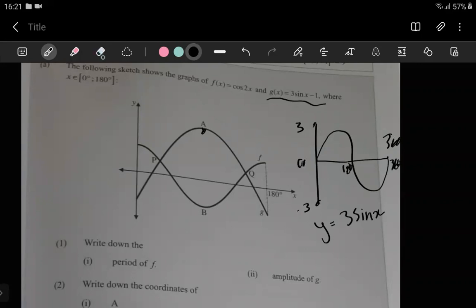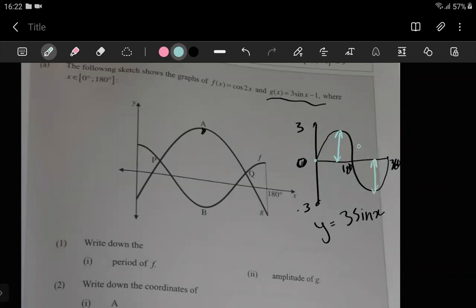This is what the graph would look like if the equation was just sine with 3 in front, 3 sine x. Because this is what's showing us that the amplitude is just a 3, because from the point of rest going up, and going down again, this is 3. And then here again, from this point all the way down there, that's also a 3.